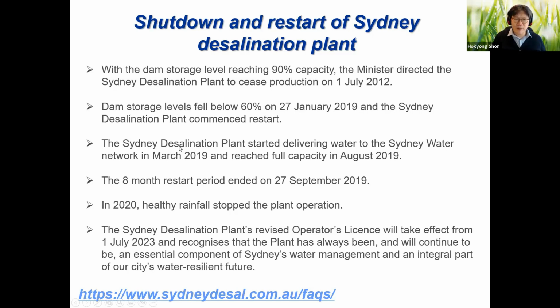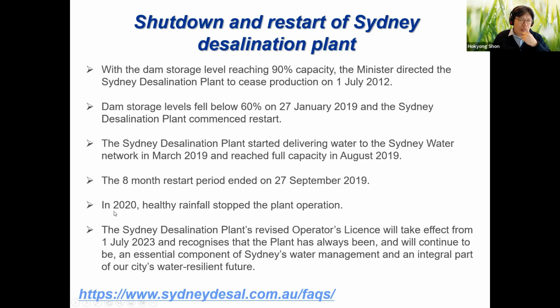The plant started delivering water to the Sydney water network in March 2019 and reached full capacity in August 2019. The immense restart period ended on 27 September 2019 because of very heavy rainfall.